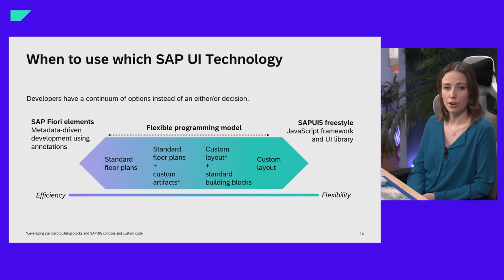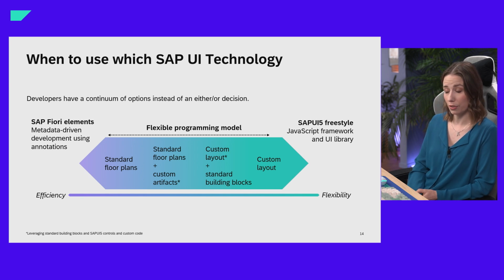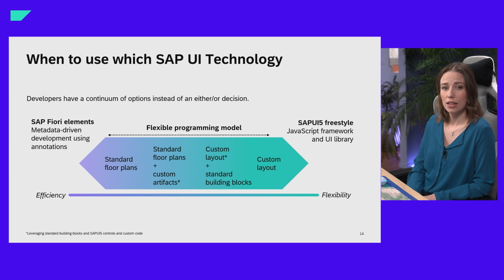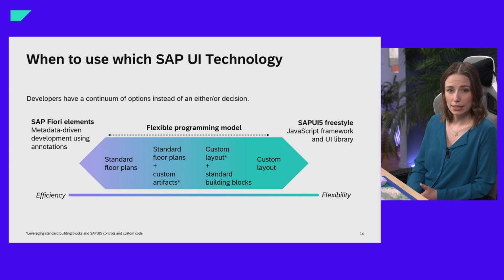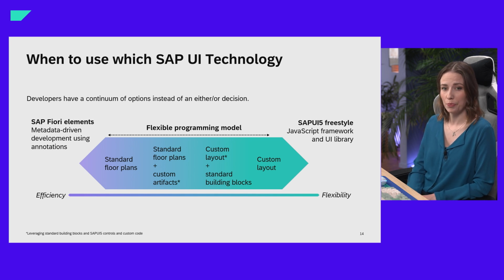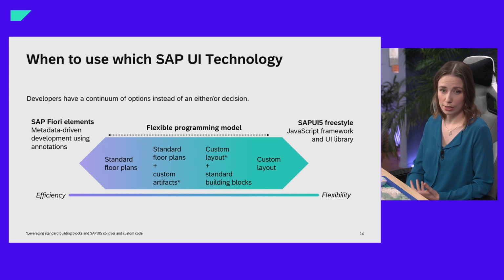So when to use which SAP UI technology is a question that keeps coming up. SAP UI5 and Fiori Elements support the SAP Fiori design guidelines. They provide enterprise qualities such as accessibility, internationalization, security, and, if you have been in the UI5 session earlier, SAP UI5 now supports TypeScript, which improves code quality and makes your development efforts easier if you want to use it.